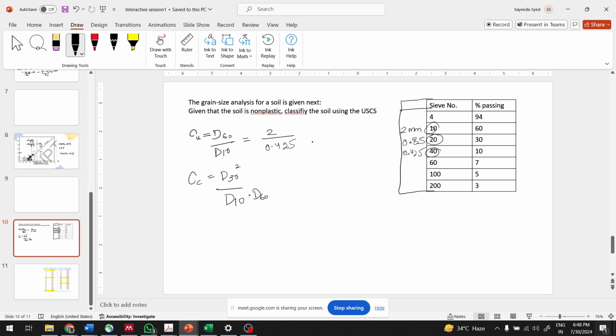Can you calculate this? This comes out to be 4.7.